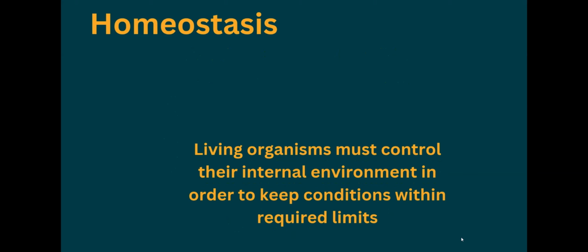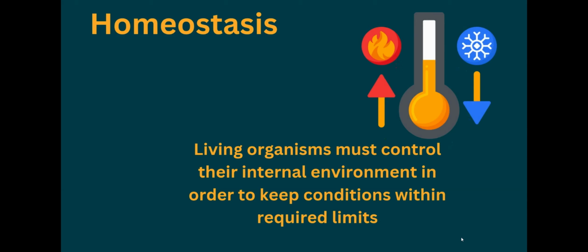About homeostasis, you have to know that all living organisms must control their internal environment in order to keep conditions within required limits. For example, if you look at thermoregulation inside your body, if your body's temperature becomes above the normal, above 37, your body starts sweating.